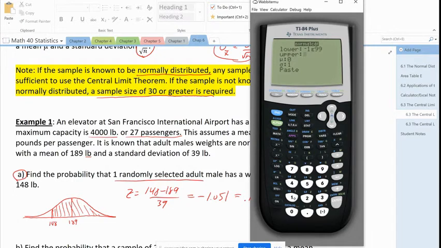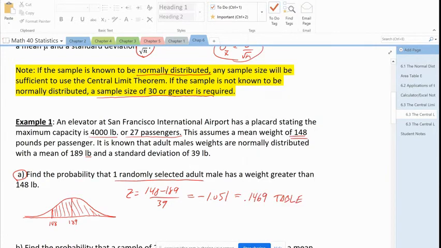So our upper is going to be 148, where our mean is 189, and our standard deviation is 39. If we use the calculator, we get 0.1466 using the calculator.